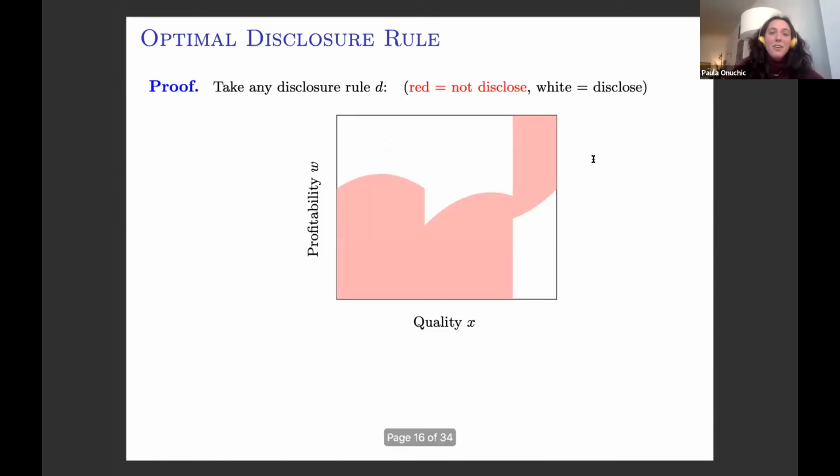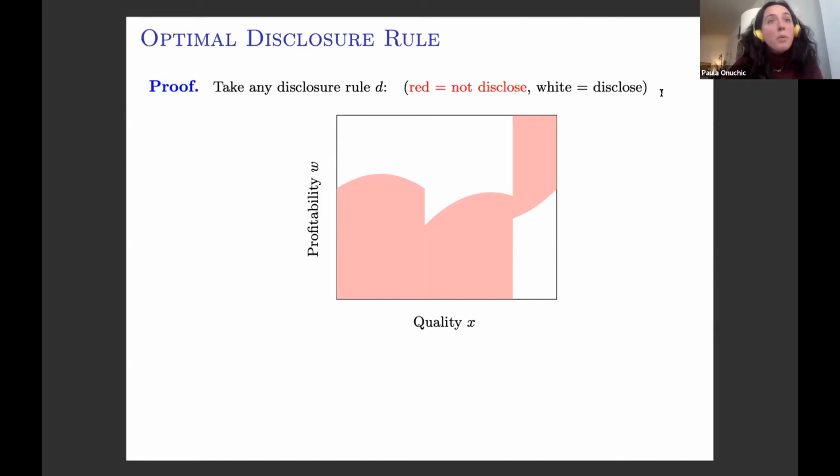So let's say I take any disclosure rule. I'm just trying to plot one here that is, I don't know, silly. So let's say that here in red is every situation in which I choose not to disclose, and in white is every situation in which I choose to disclose. Okay. So let's take as given this disclosure rule.